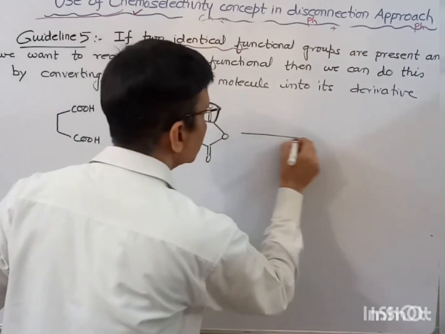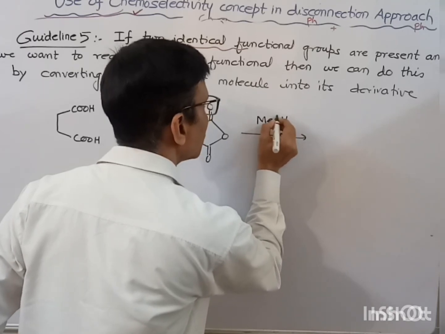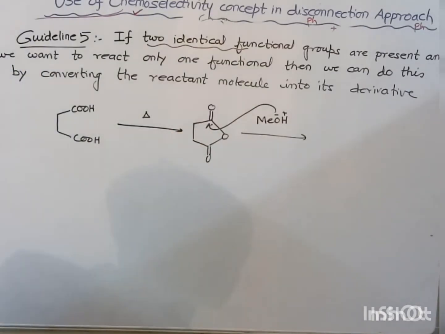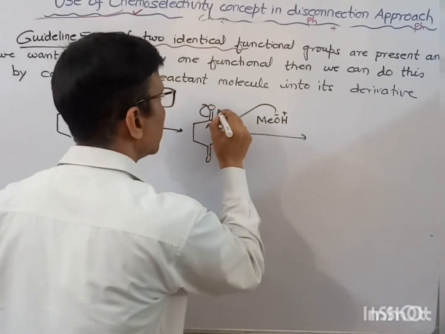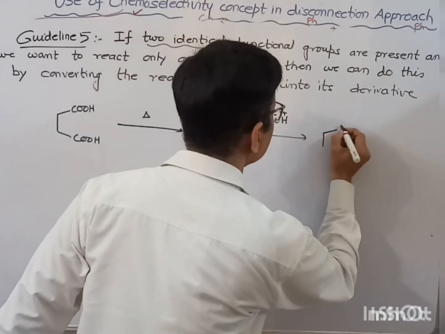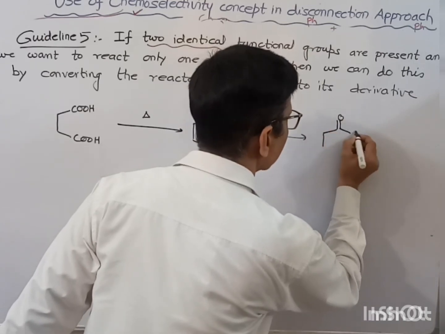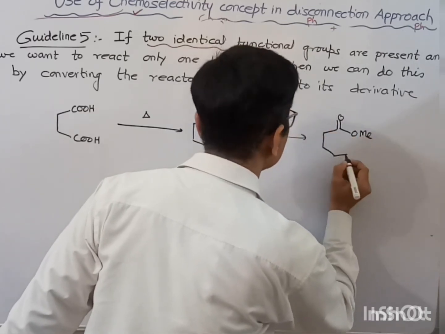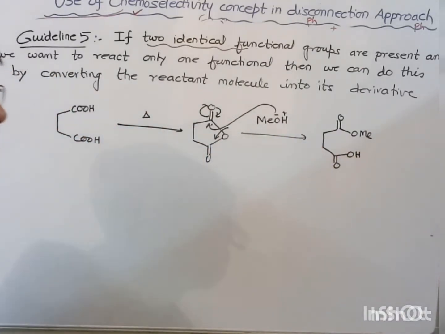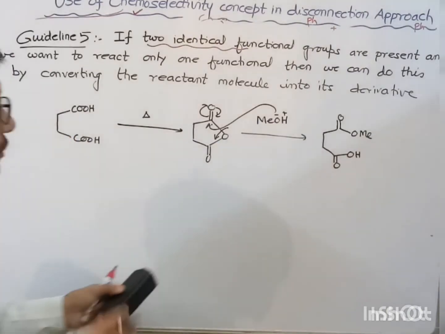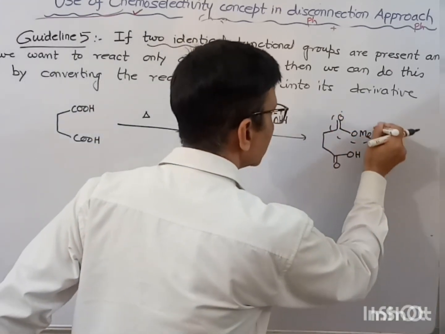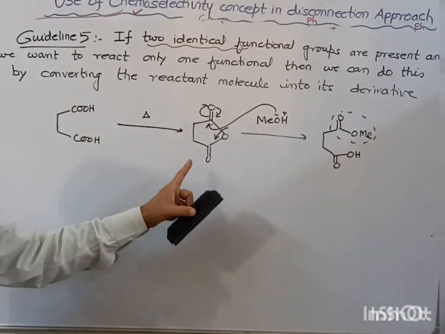If this is reacted with methanol, the nucleophile can attack this electrophilic center, it will come back, and this will leave out. So what product can we get? This is the product. We can see that one of the functional groups has been converted into the other by changing this into its derivative.